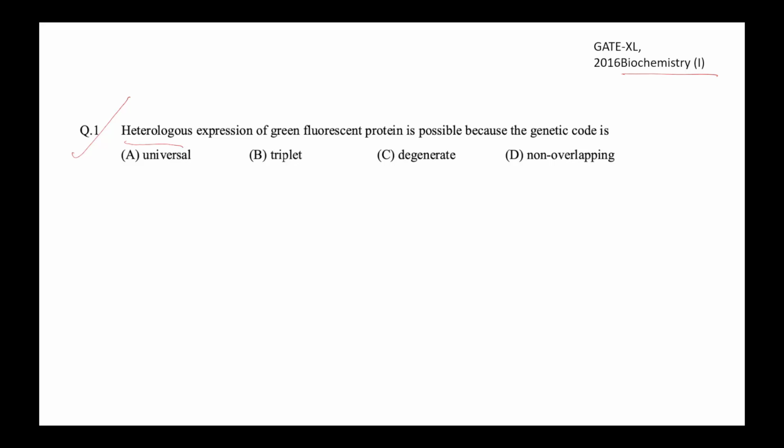So here it has been asked, heterologous expression of green fluorescent protein is possible because the genetic code is. Green fluorescent protein, we can also call it GFP. Green fluorescent protein naturally occurs in jellyfish, where it was found.